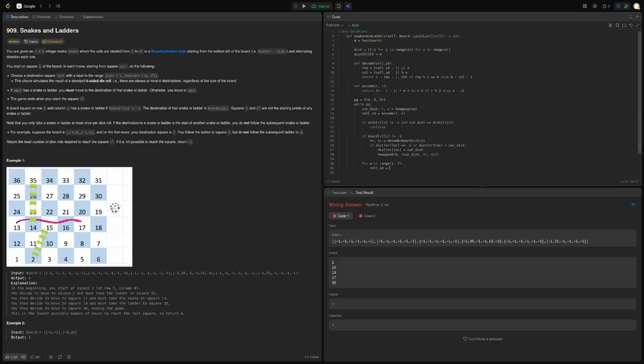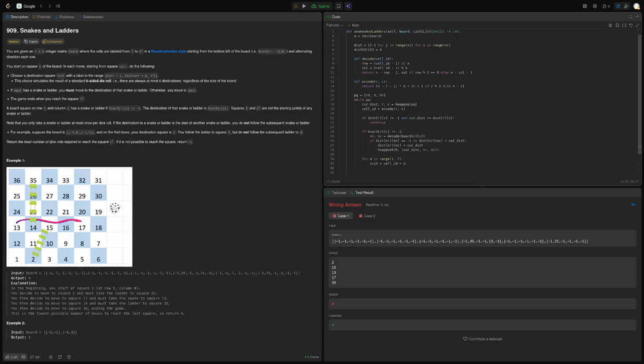So and seed cell ID plus m, mean n times n, and now if n seed minus 1 no, nr nc, decode n seed.